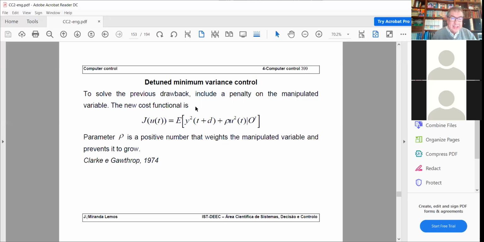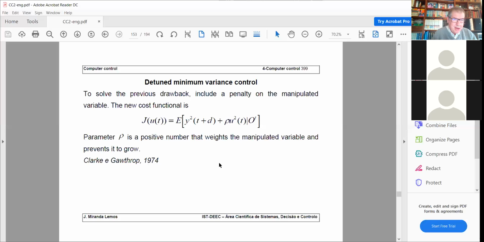Why not extend the cost, instead of having just one step, to having y squared of t plus d, y squared of t plus d plus 1, y squared of t plus d plus 2, and so on, up to some horizon? Okay? That's the idea. So trying to approximate a horizon that is large enough so that it approximates the infinite horizon. Okay? And this is the idea of predictive control that we have not studied.